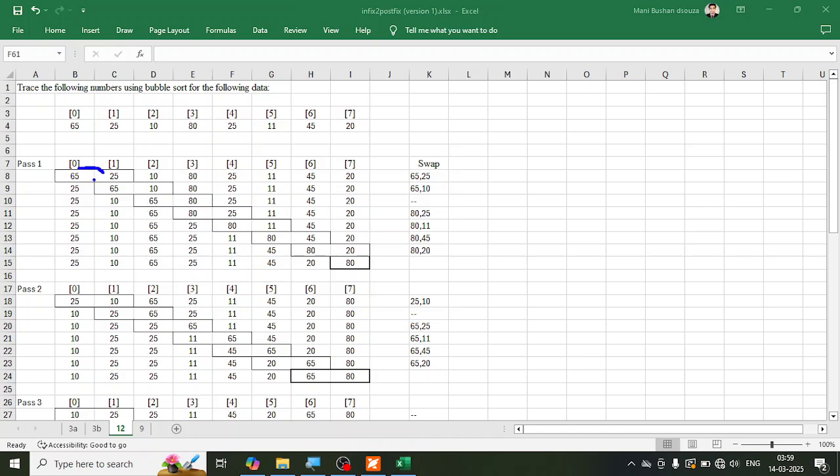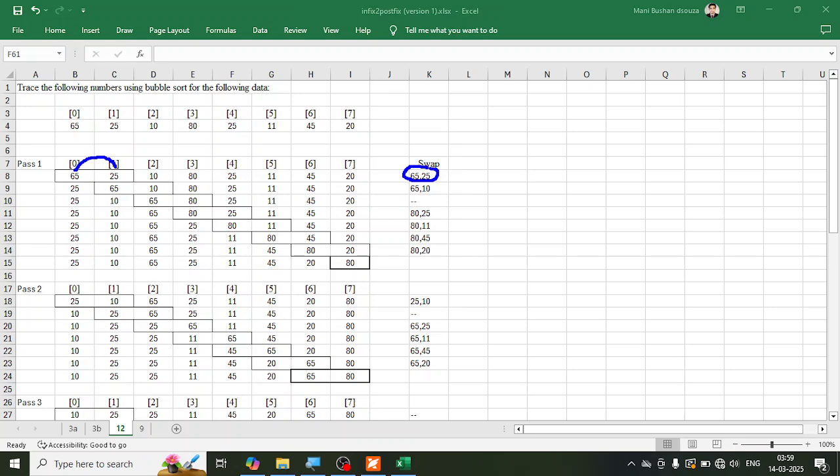Remember, in order for us to bubble out the element, the largest number has to slowly go from this side to this side, and finally reach the surface over here. So somehow we have to push them to the other side. Let us look at 65 and 25. You notice that 65 is larger than 25. Our intention is to push the larger bubbles, or larger numbers, to the surface. So we are going to swap.